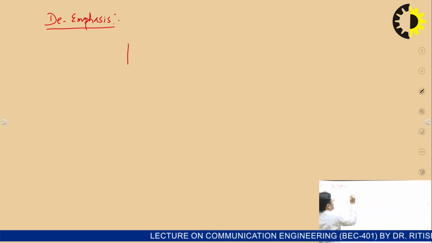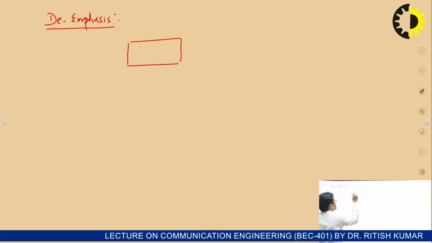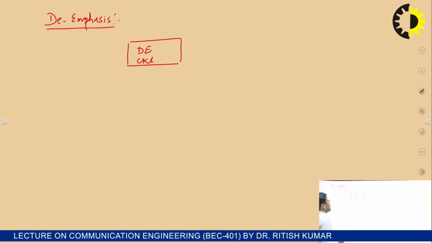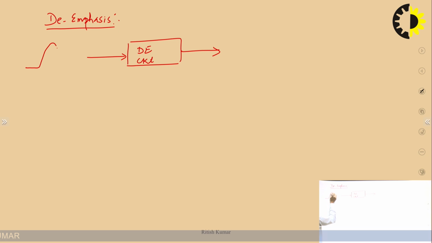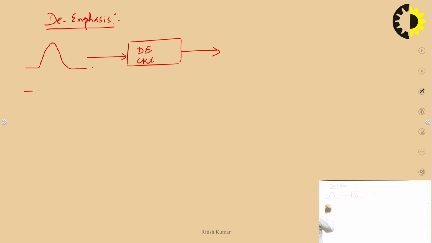So in the de-emphasis circuit, you have to decrease the signal strength. This is the signal after passing the high pass filter. So at last you need to get the original signal, right?